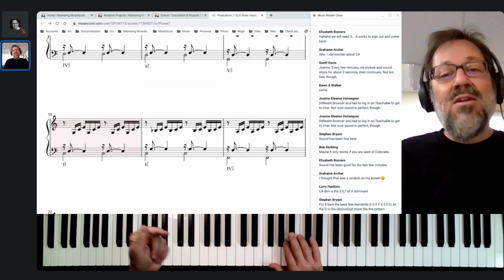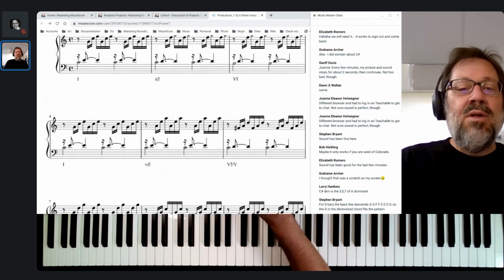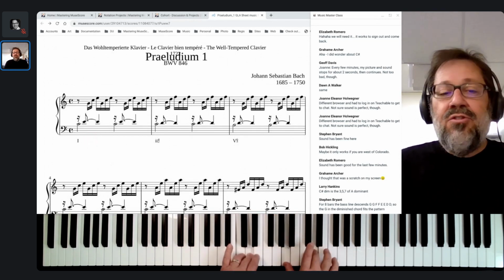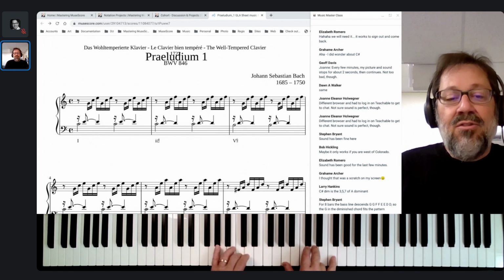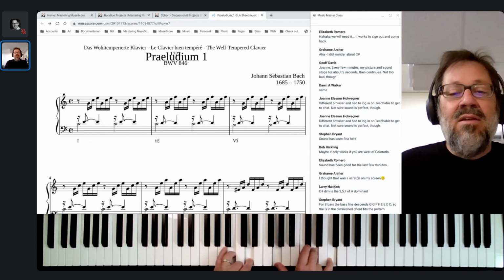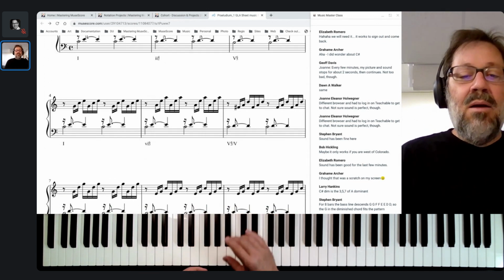We've got this entire piece, and it's all over the place. I didn't even point out all the other places where the circle of 5ths was happening. The beginning is 1 to 2, not circle of 5ths, but then 2 to 5 is circle of 5ths, and then from 5 to 1 is circle of 5ths, right?